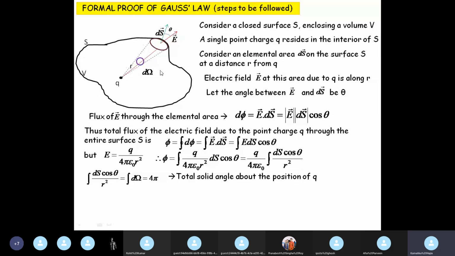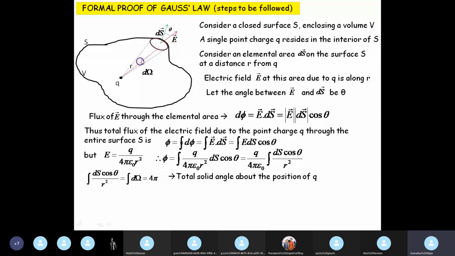Now the angle subtended by this elemental area ds at the position of q, which is at a distance r from the area, is d omega, and its expression is given by ds cos theta by r square. Now if you integrate it over this entire surface, you are spanning the entire volume.